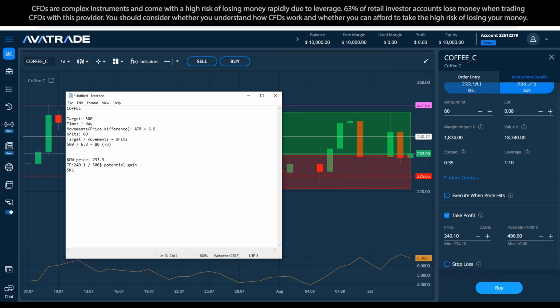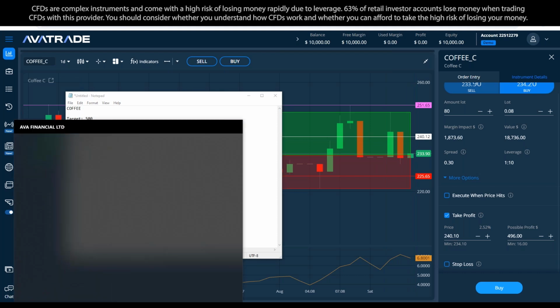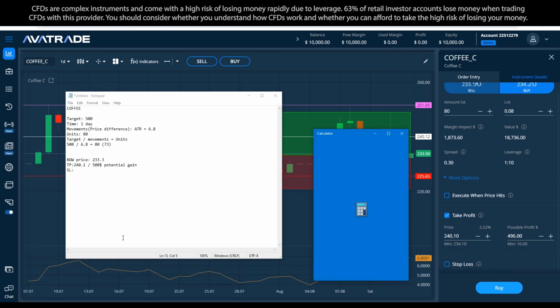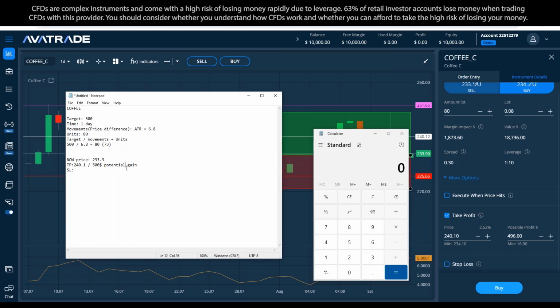Okay, and the last thing we have to do is the stop loss. Now, if I'm looking at the main comparison between the take profit and the stop loss, and I take the same length between my entry to the take profit and the entry to my stop loss, then I can look at the same 6.8, and I can see that my potential gain and potential loss should be the same if I take the same length.